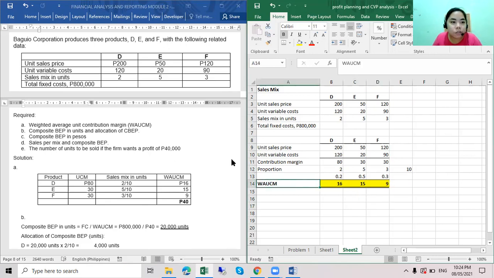average unit contribution margin. Composite break-even point in units. So composite break-even point in units. So your break-even weighted average contribution margin. Total of this is total takas 40.